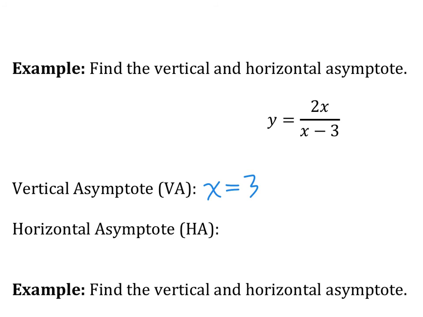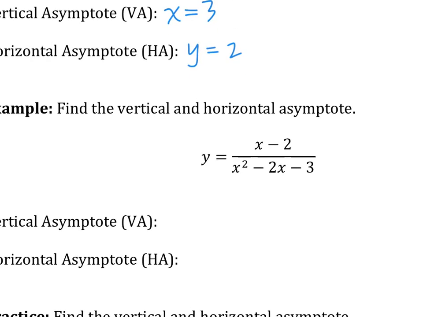Whatever is in the denominator is the problem. For the horizontal asymptote, we need to check what? Degrees. Very good. Are the degrees the same, bigger on the top or smaller on the top? Same. So if it's the same, you check the leading coefficient ratio. What's the ratio? 2 over 1. Yes, so it's just y equals 2.